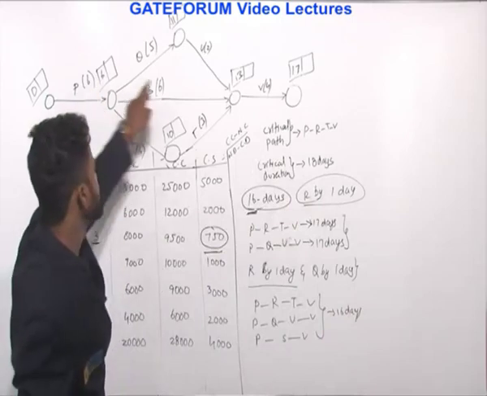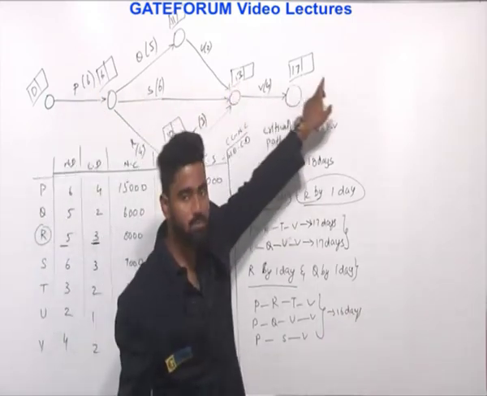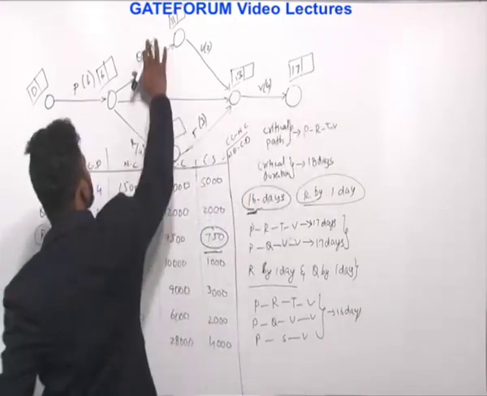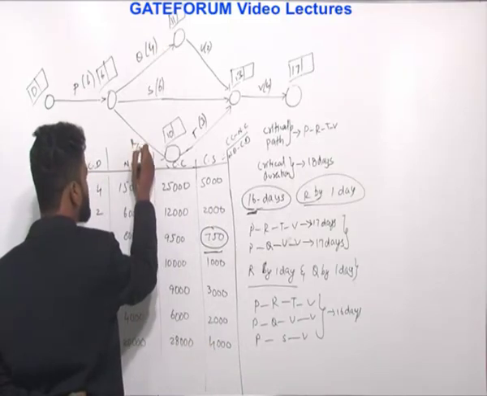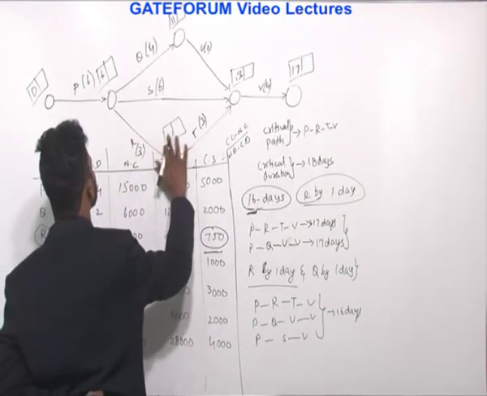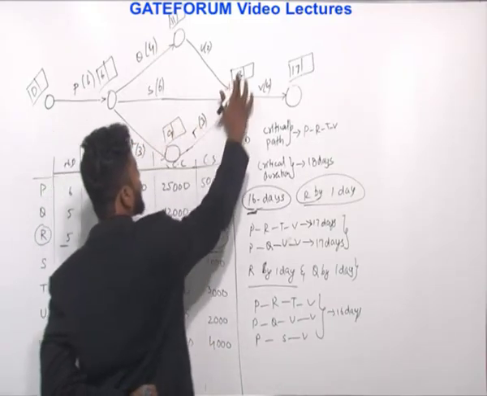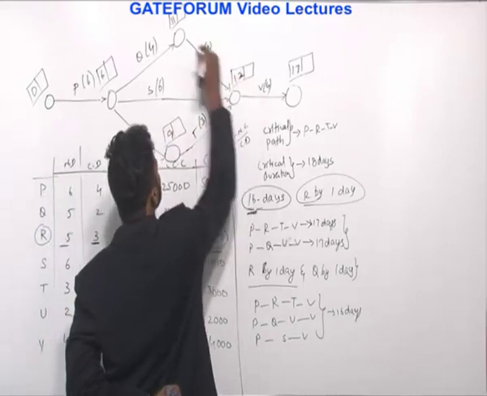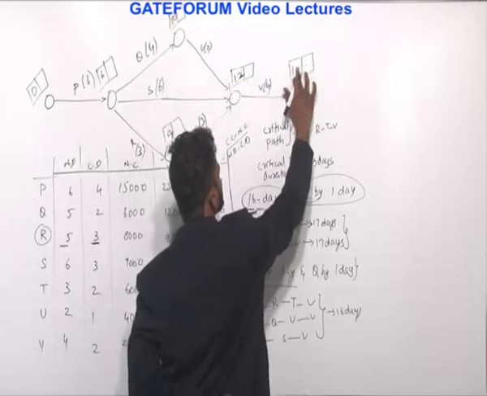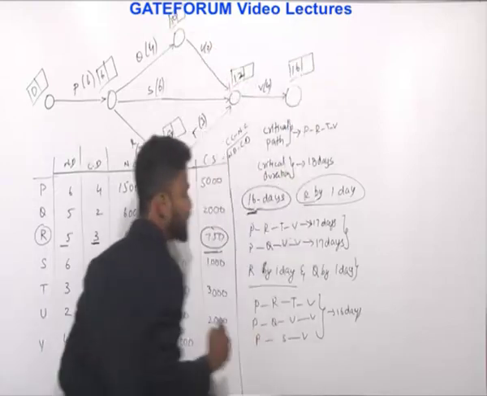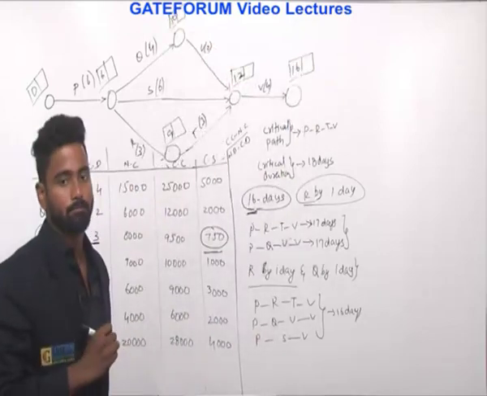In PSV, 6 plus 6, 12, 12 plus 4, 16. I have crashed this by 1 day, so Q, I have crashed by 1 day, and R by another 1 day. So this will become 9, 9 plus 3, 12. Here also 10 plus 2, 12, 12 plus 4, 16. This is how the crashing is done.